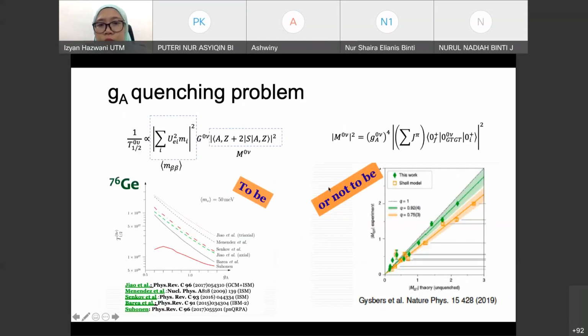So what happened to the quenching problem? This quenching problem of gA, the axial vector coupling, comes from the Gamow-Teller transition.